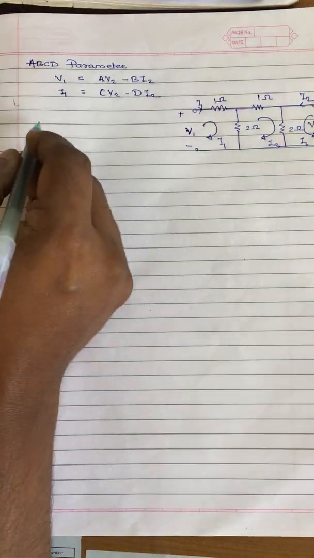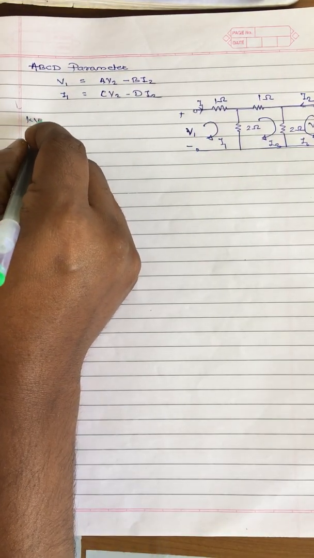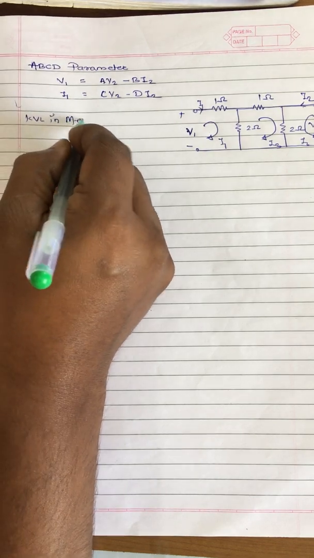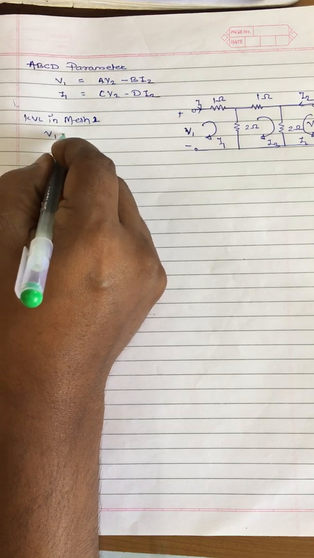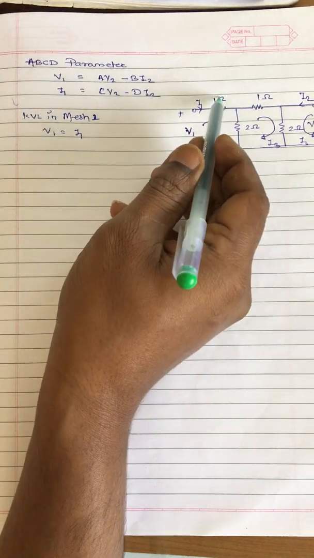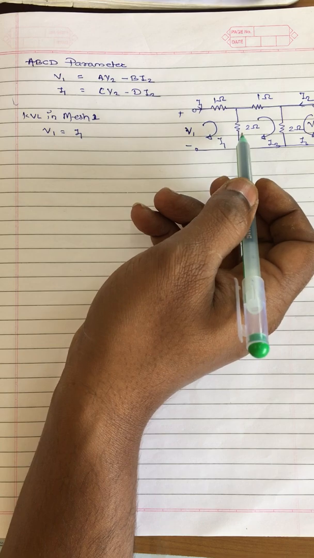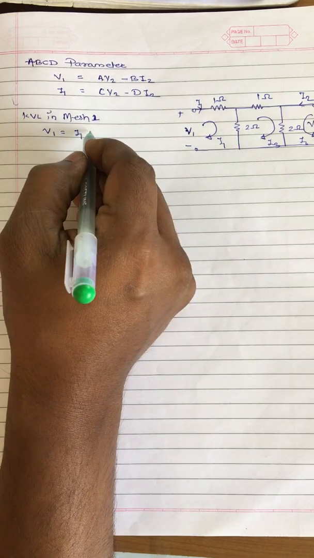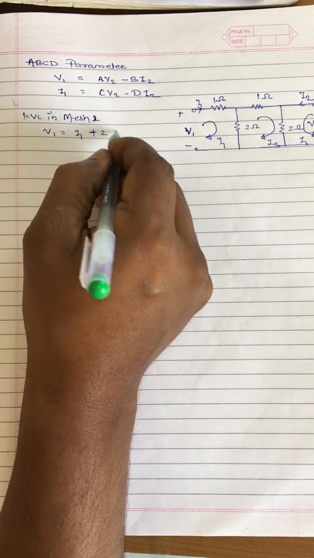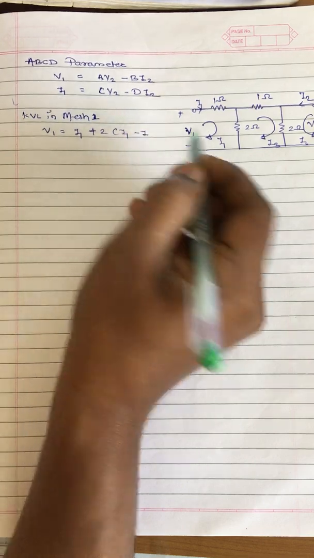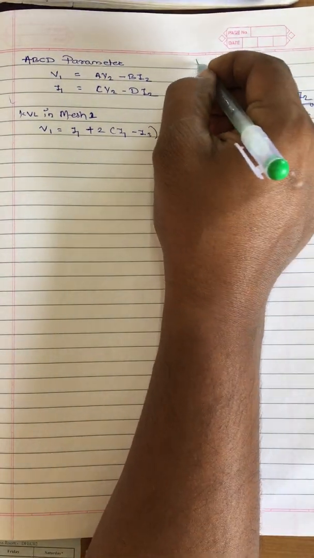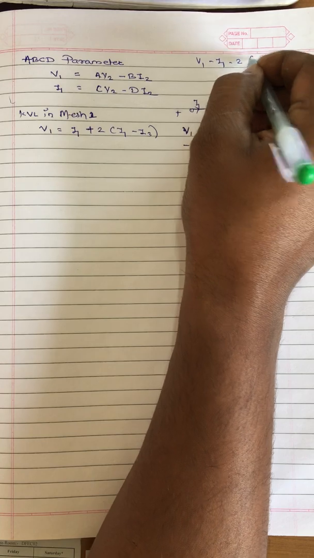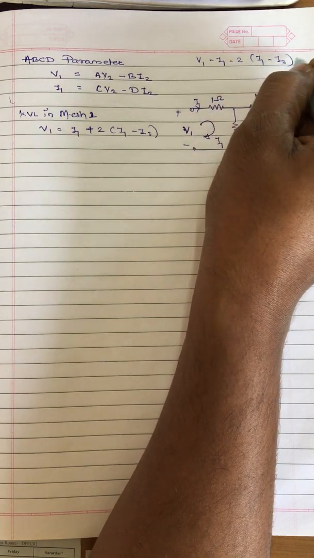So in the first loop, KVL in mesh 1. The equation will be V1 equal to 2 into I1 minus I3, plus 2 I1, sorry, it is I3, not I2. Or else you can write V1 minus I1 minus 2 times I1 minus I3 equal to 0.